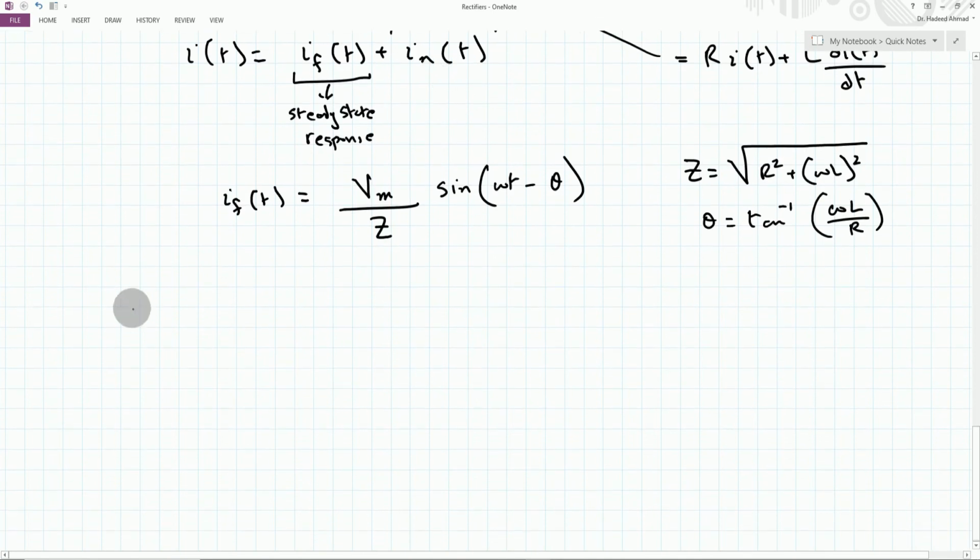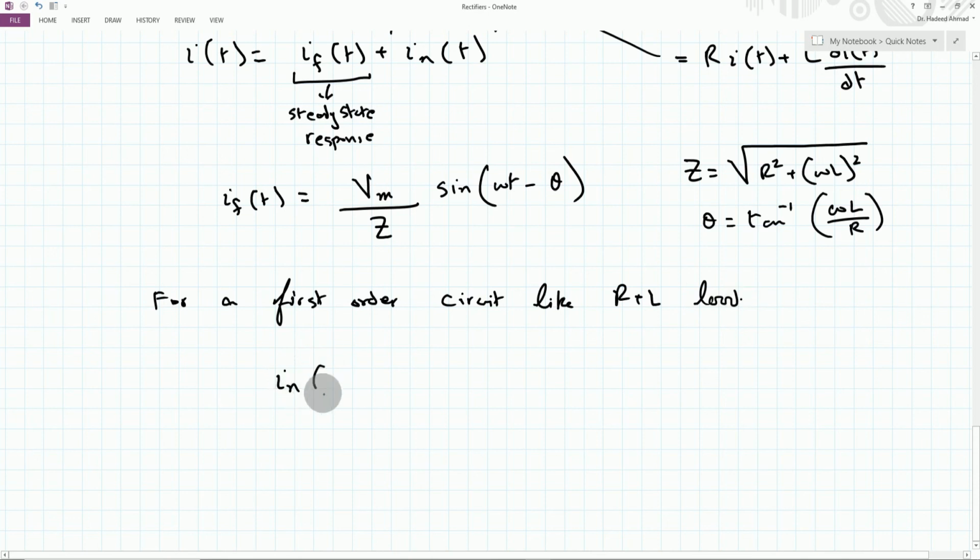However, about this i_n(t), this natural response, we do know that if we have a first order circuit like this R plus L load, i(t) is equal to A e to the power minus t over tau.